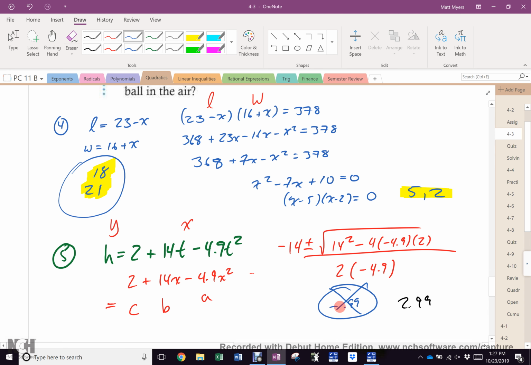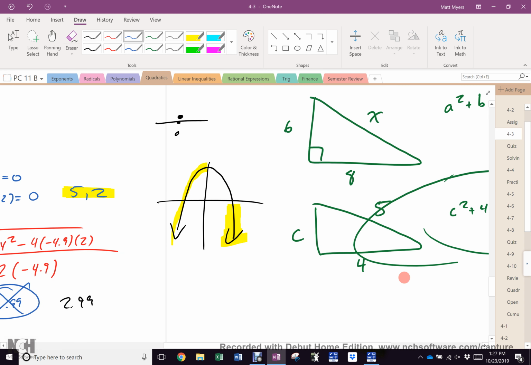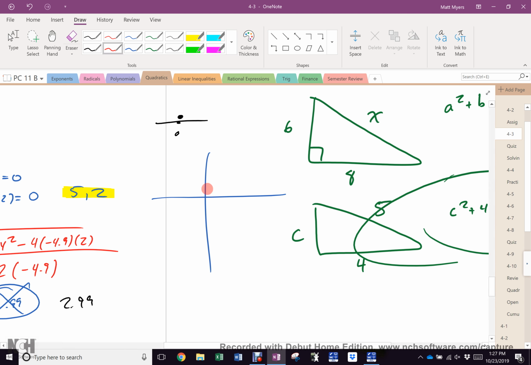So that on the parabola, which is right here, exists. But in reality, you throw the ball out here and it only lands there. It never existed as a throw before I threw it. So there can't be a negative root. In reality, the path of the ball is this. From where I throw it up, it hits the ground.